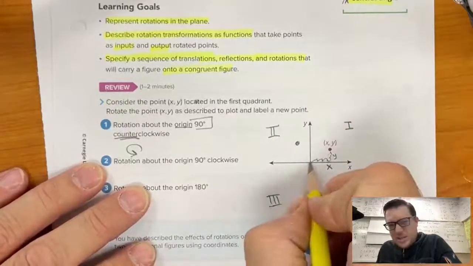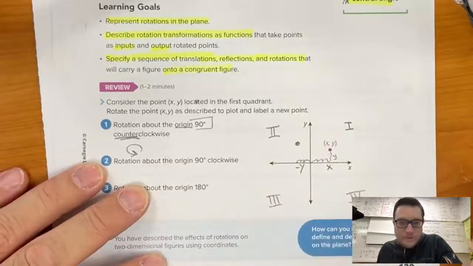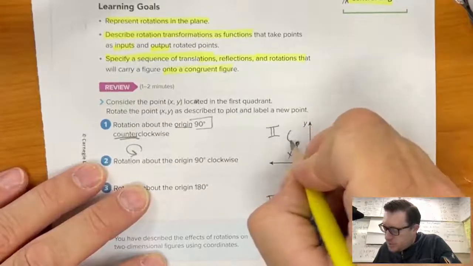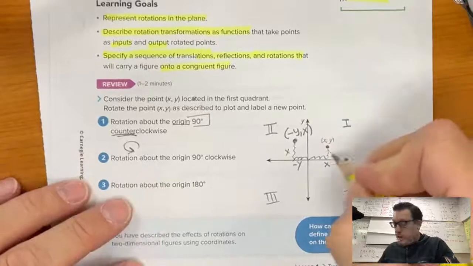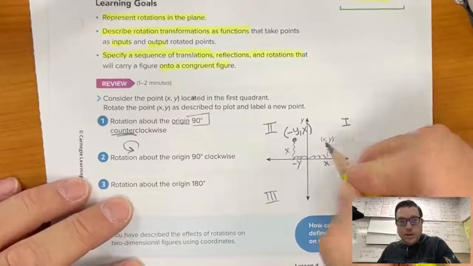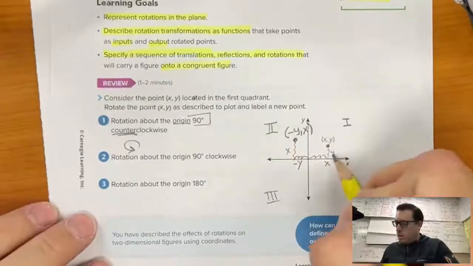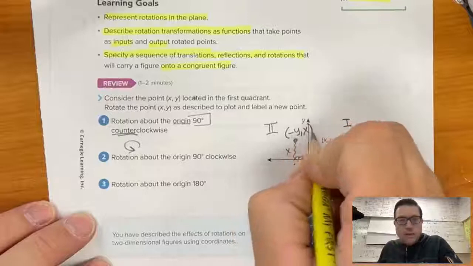Well, these actually switch. You're going to go Y to the left, so make it negative, and you're going to go X up, which means this point is at negative Y, X. Literally, however much it takes to go to that point, you're switching their positions, and then you're also making the Y value negative. So it's going to be (X, Y) goes to (negative Y, X).